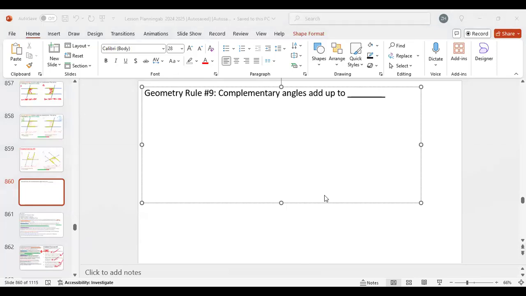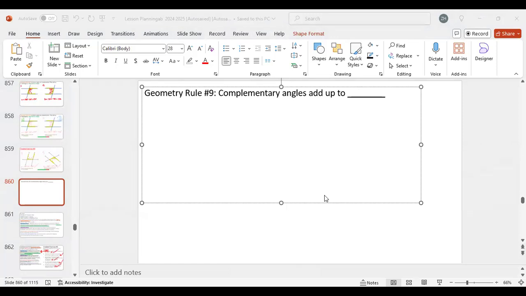Someone said it. Complementary angles add up to what? 90 degrees. Very good. So complementary angles add up to 90 degrees. Write that down for me, please. Two angles are complementary if they add up to 90 degrees, so we say that one is a complement of the other.